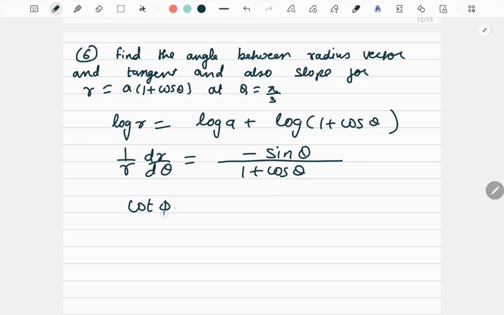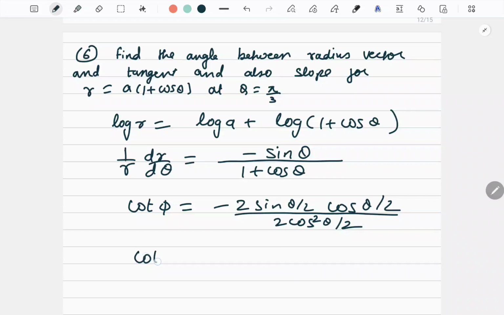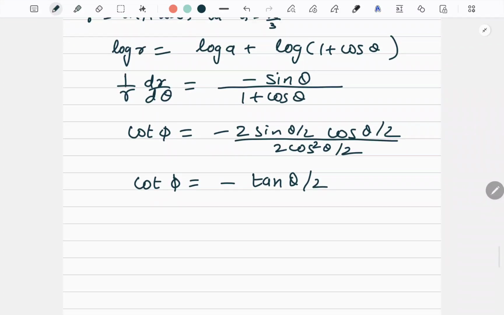So cot phi is equal to minus 2 sin theta by 2 cos theta by 2 upon 2 cos square theta by 2. So cot phi is equal to minus, this will become sin by cos, that is tan theta by 2. Correct?